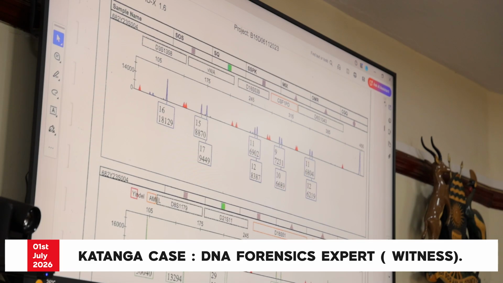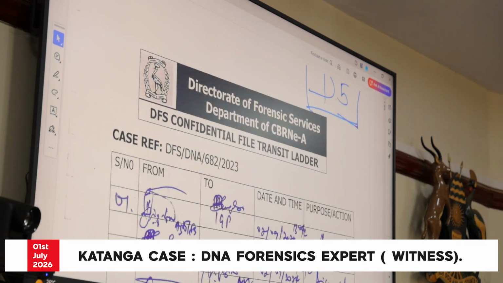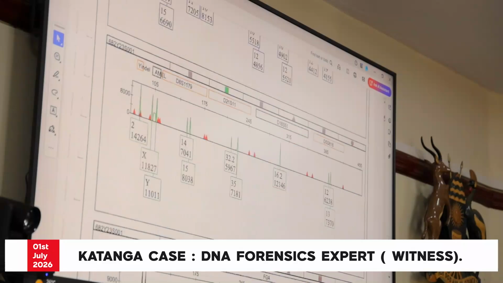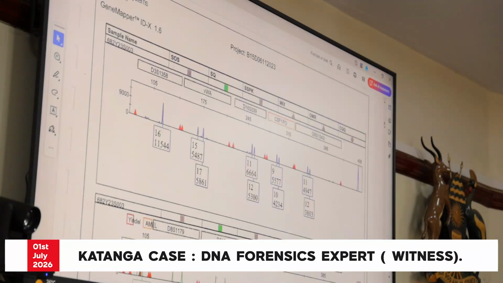That document is in Defense Exhibit 5. The electropherogram, page 13.